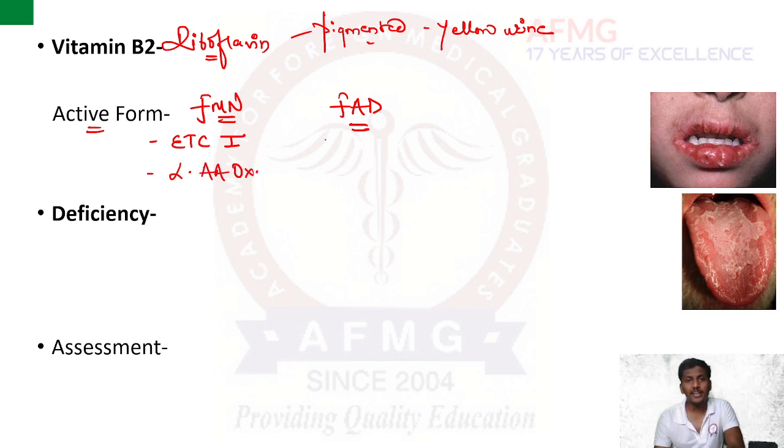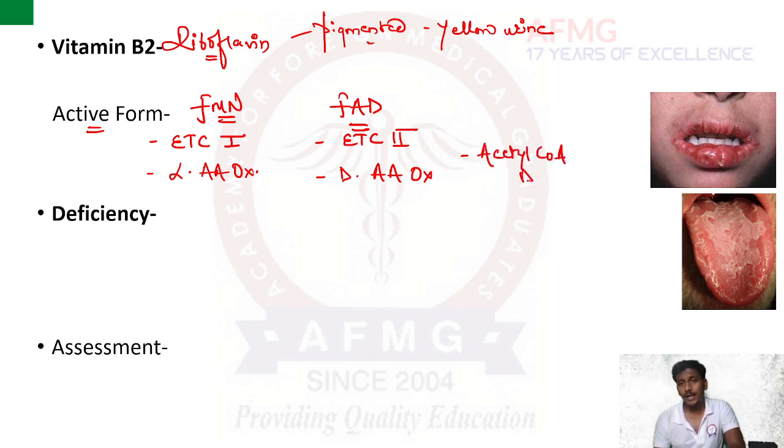Whereas FAD is used as a coenzyme in ETC complex 2 with the help of succinate dehydrogenase, and also in D-amino acid oxidase, and in acetyl coenzyme A dehydrogenase. So please remember, FAD can be used at these three places: ETC complex 2, D-amino acid oxidase, and acetyl coenzyme A dehydrogenase. Sometimes also with xanthine oxidase, FAD acts as a coenzyme for xanthine oxidase.